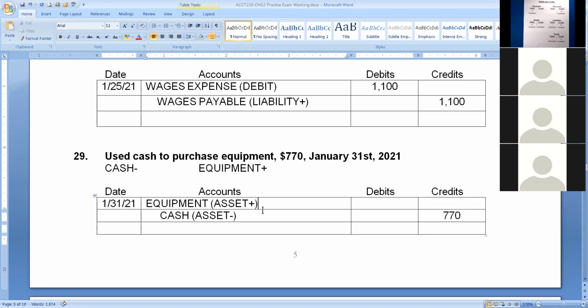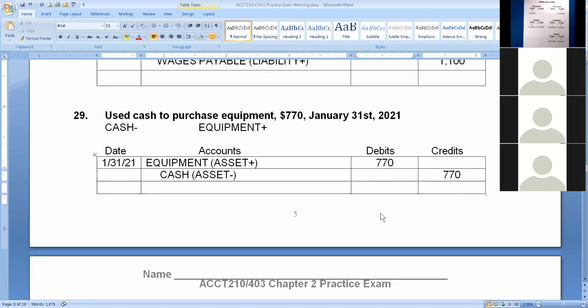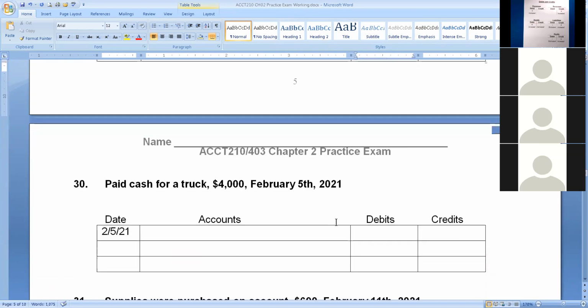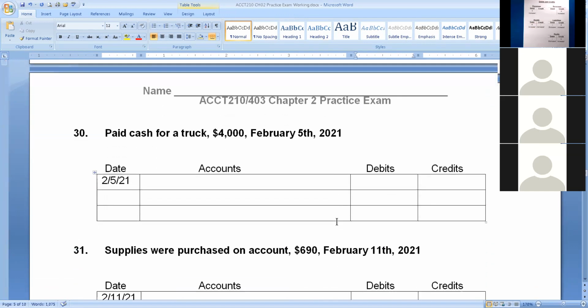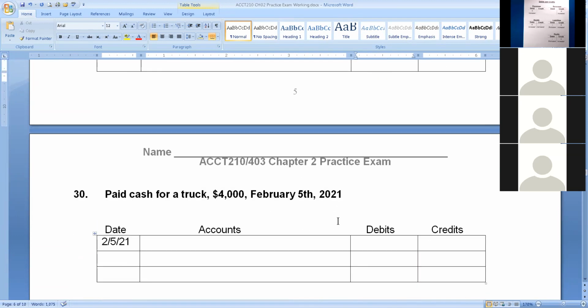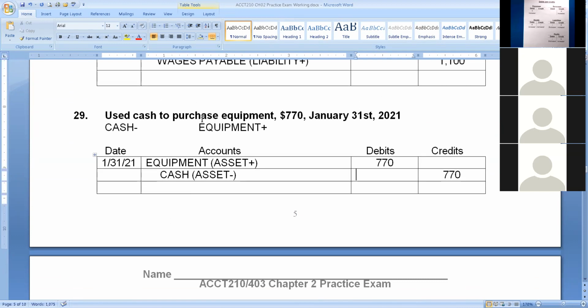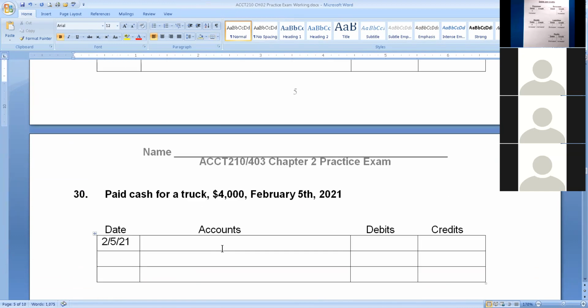And equipment is an asset going up, so it'll be the debit. Paid cash for a truck. It was kind of similar to the same we used here. You know, use cash to purchase equipment. This is kind of the same one.